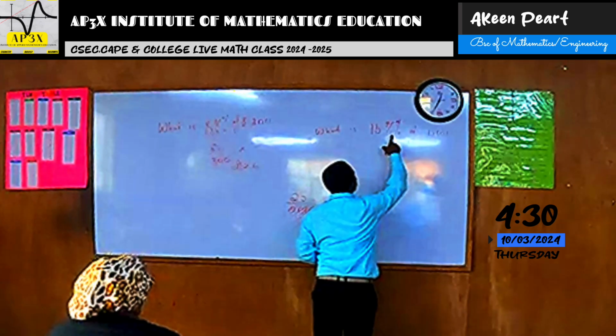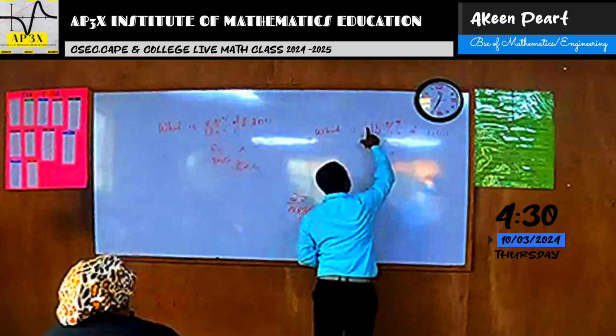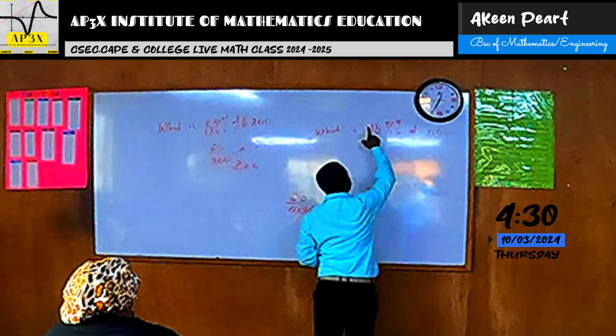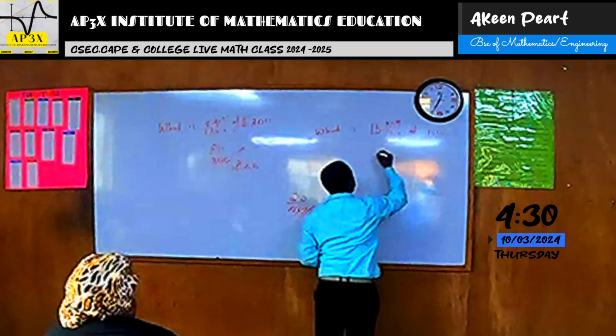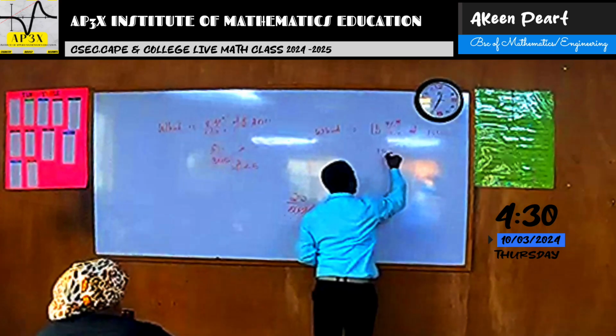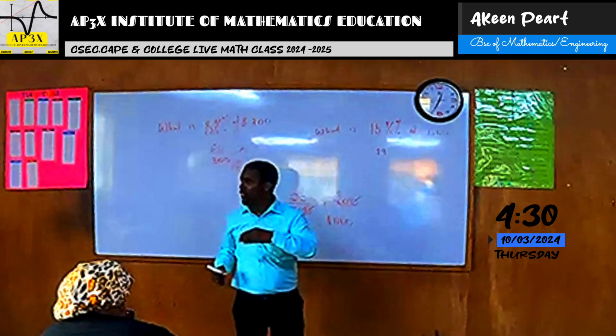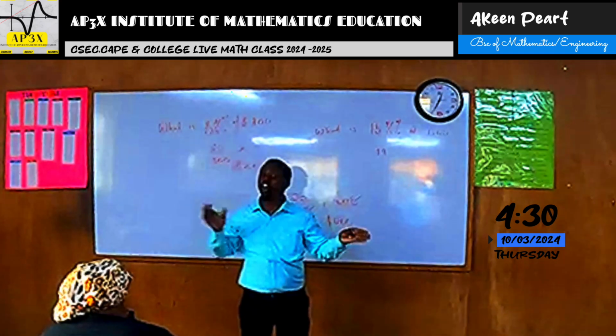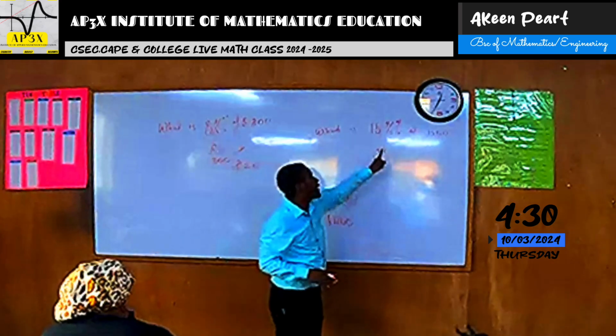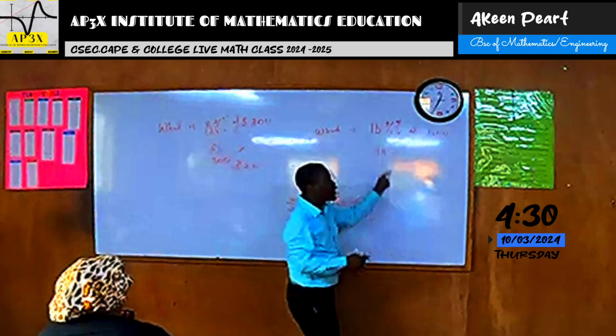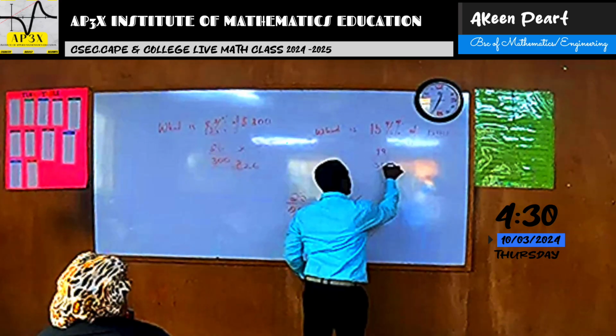5 multiplied by 15, that's 75. 75 plus 4 is what? 79. And on a normal basis, I would say over 100. But because my denominator is 5, it's going to be over 500.